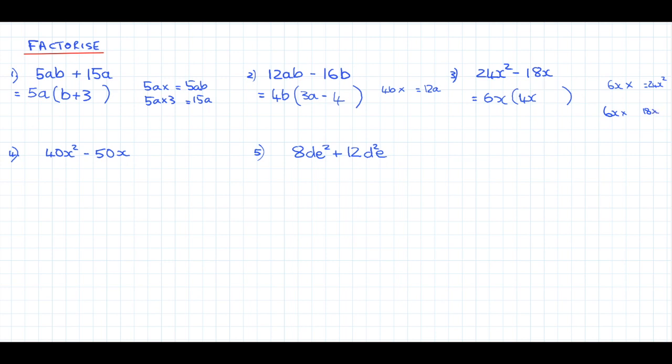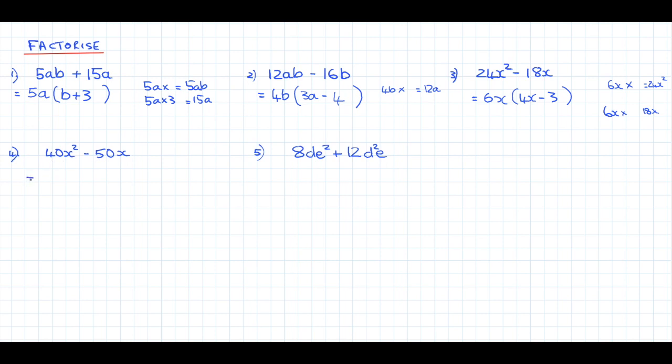Can you see that that would be 3x? That's a minus, sorry, it would be minus 3. And again, once you've done that, you can check to see if you've got it right, because when you multiply out the bracket, you of course should get what's on the previous line. So that would be 6 4s are 24, x times x is x squared, 6x times negative 3 is negative 18x, so that's correct.